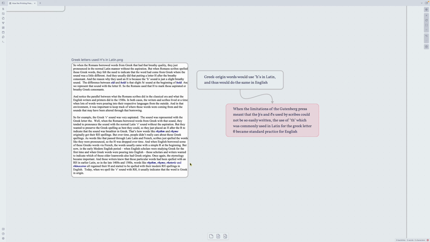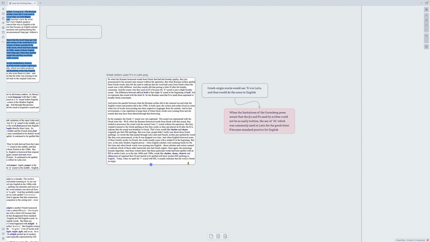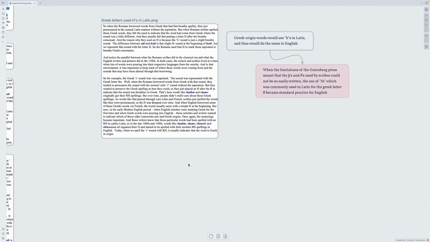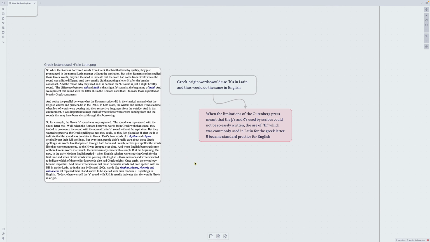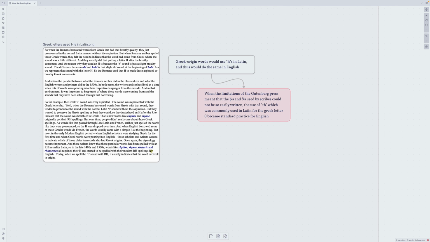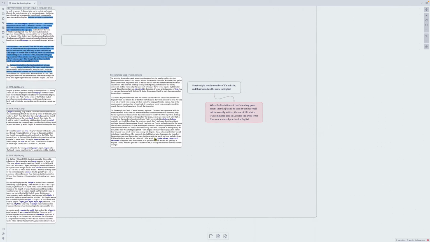TH was used to represent the Greek letter that represents the th sound. I can't remember it off the top of my head, but because of that, eventually once English got to this bypass where we weren't able to write letters like thorn and eth, those just started to get replaced by the letters th, just like we had been using for Greek words in Latin for quite a time. So theta, that's it, theta.